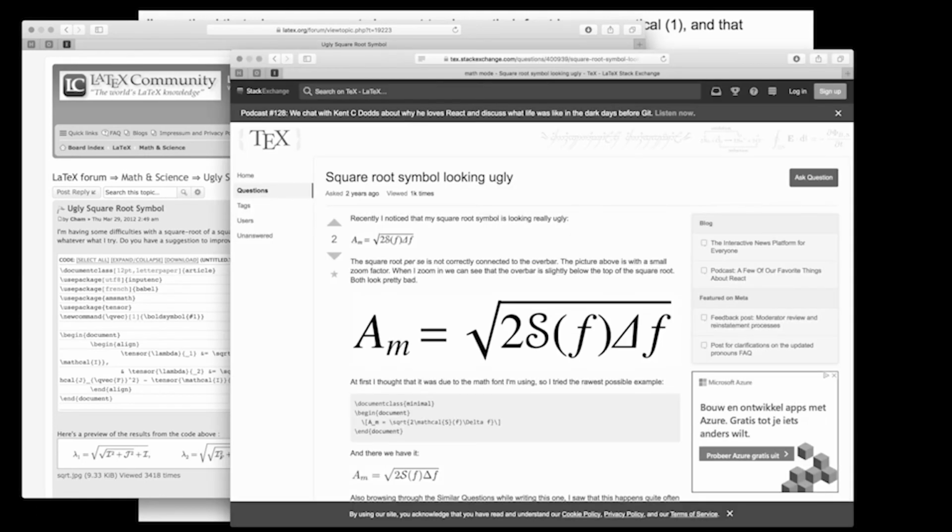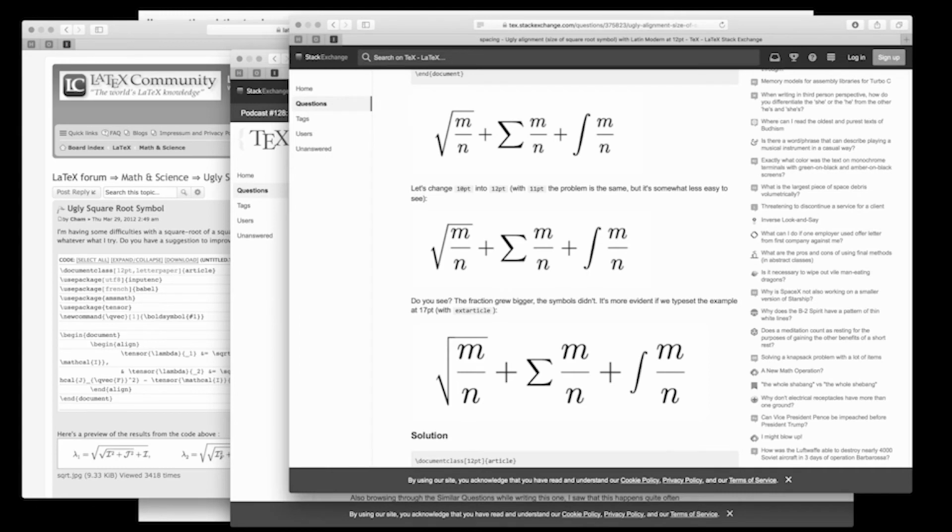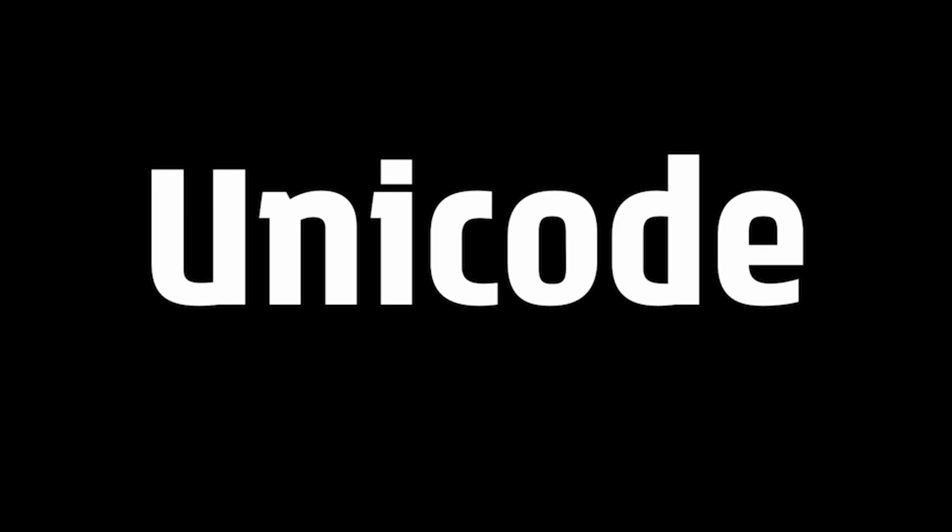And once you look further, there are lots of people complaining about the ugly square root, and nobody managed to deal with this challenge. And the challenge is perhaps not solvable because Unicode is based on sequential writing. It's not based on the idea that something is totally nested.